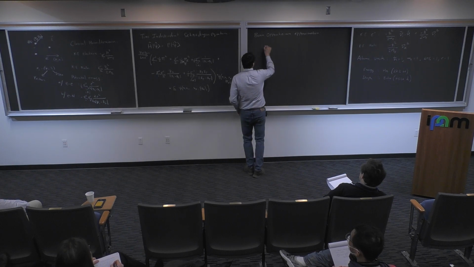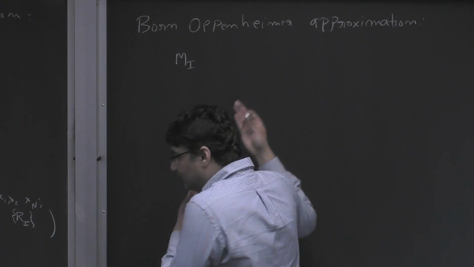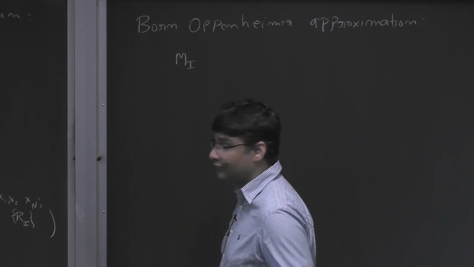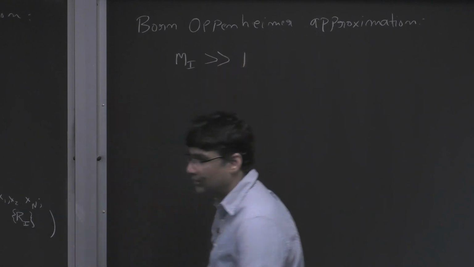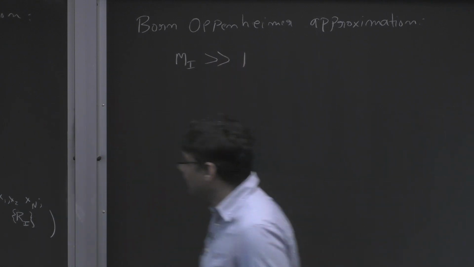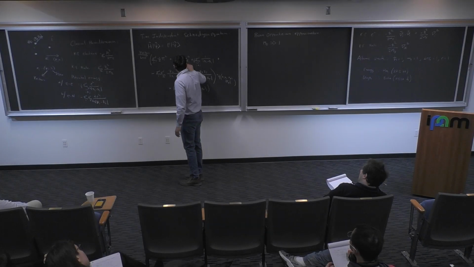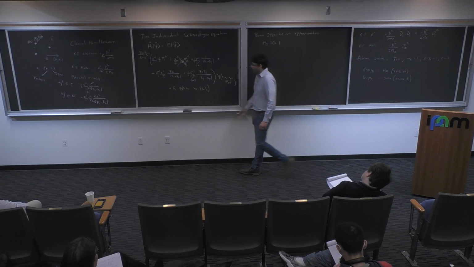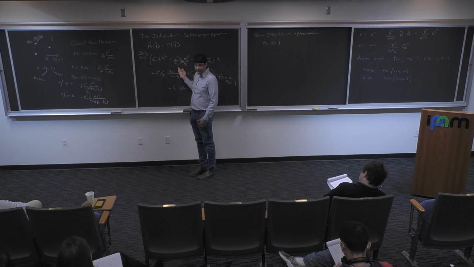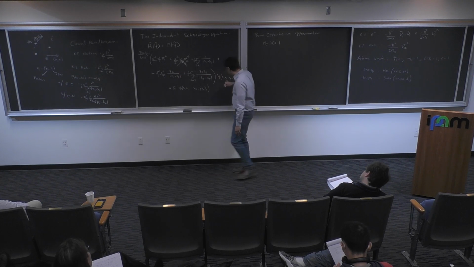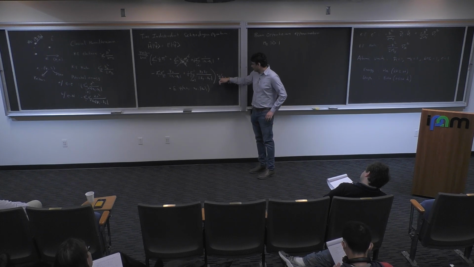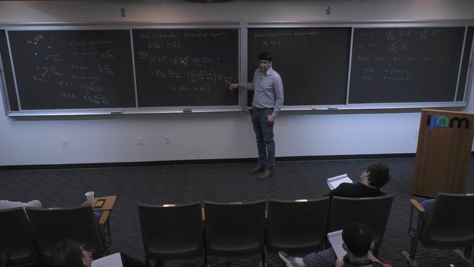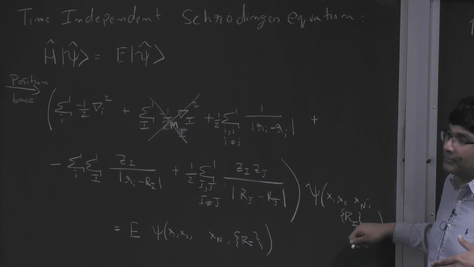What the Born-Oppenheimer approximation says is that the mass of each of the nuclei in atomic units, where the mass of an electron is 1, is much, much greater than 1, on the order of 10 cubed. Because the kinetic energy of the nuclei is going to be very small compared to the kinetic energy of the electrons, you can neglect this operator. You can neglect this operator, and you can think of the dependence of the wave function on the positions of the nuclei not explicitly, but from a parametric standpoint.